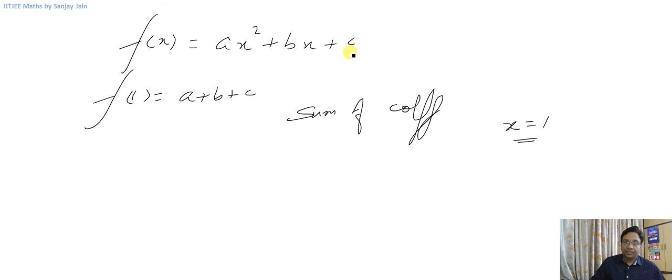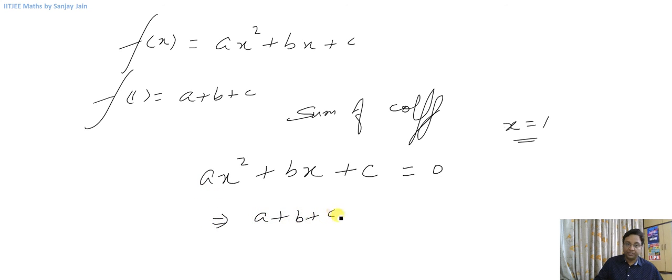Now you see, if I've got a quadratic equation ax square plus bx plus c equal to 0, and if somehow I get to know that a plus b plus c is equal to 0, what can I say about x?